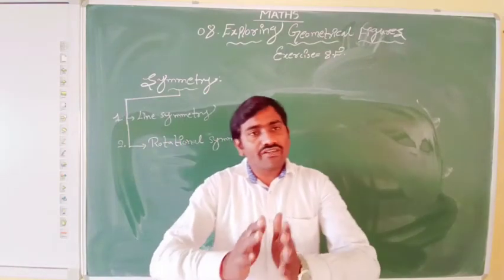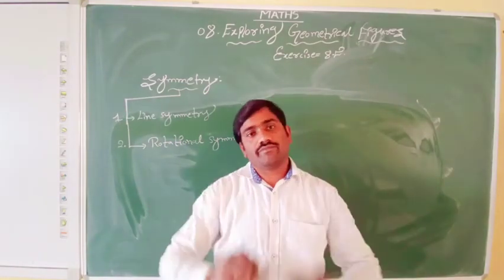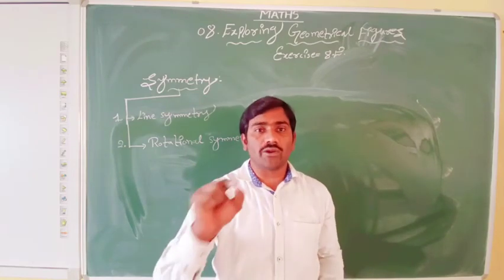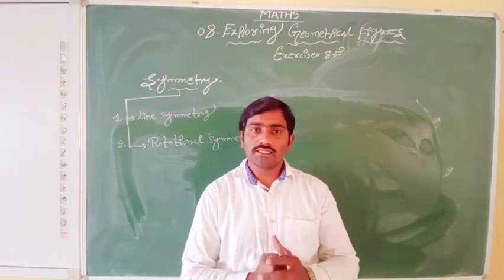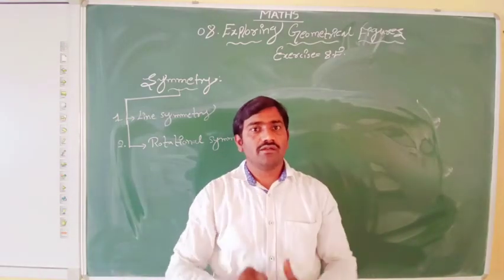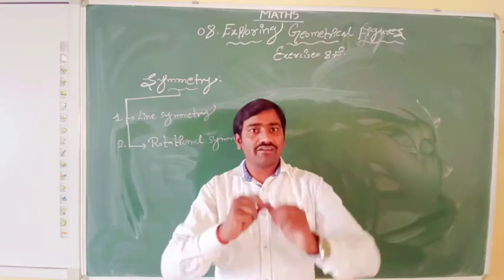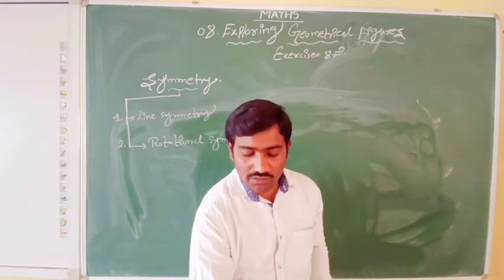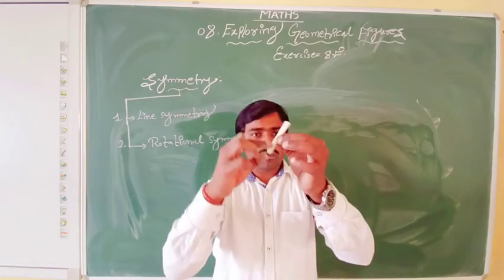See that every object can be rotated. Every object can be rotated through the center point. You will see a man can be rotated, a bench can be rotated, a board can be rotated, a pen, a pencil, a book, a chalk piece.